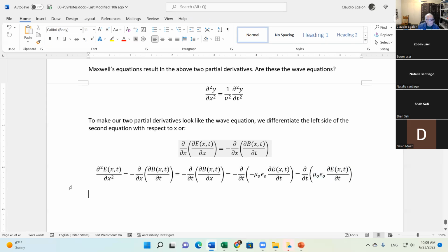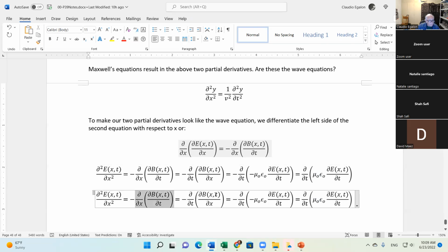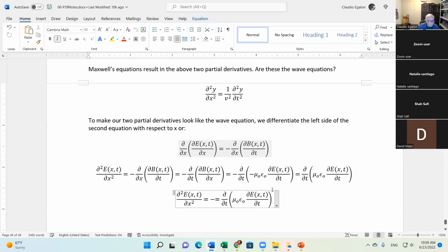We're getting a second derivative in time for the electric field, and mu naught epsilon naught can go outside. Second derivative in time, second derivative in time.